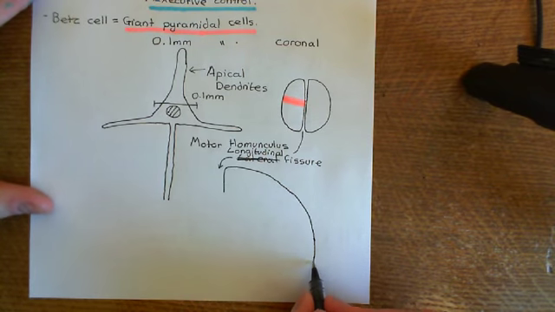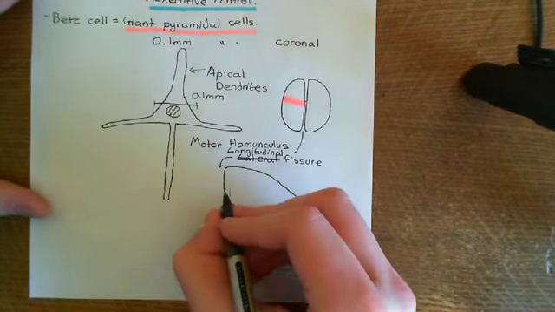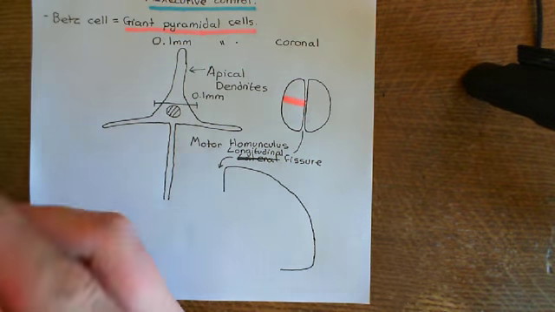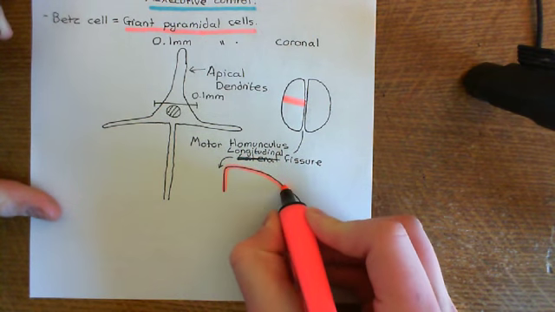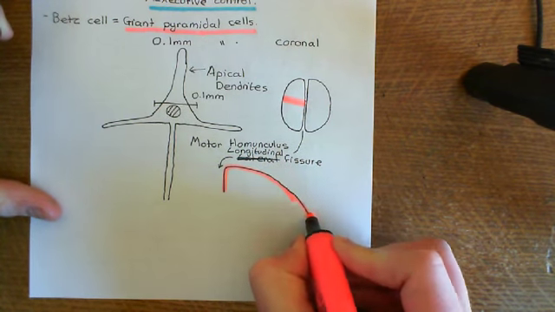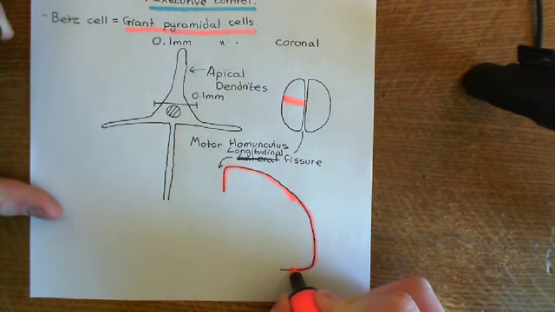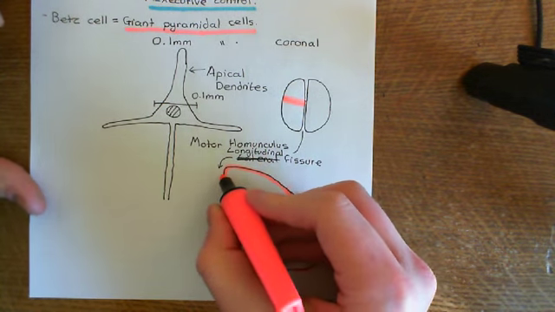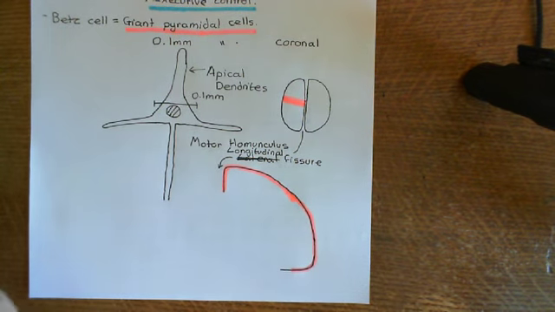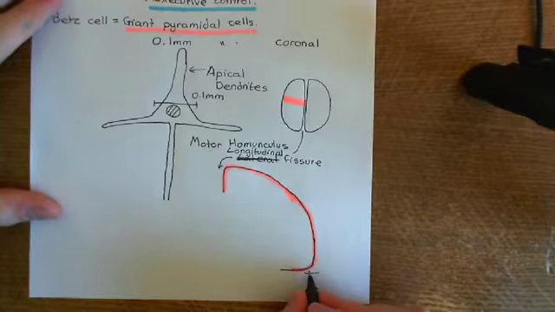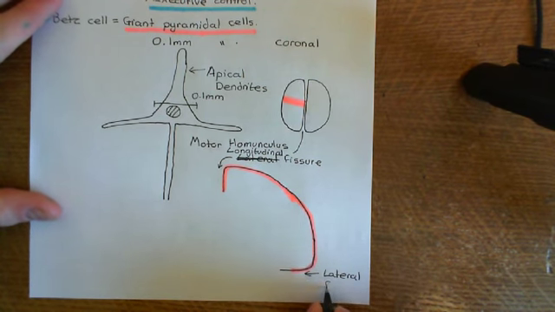So this is the entire primary motor cortex. We couldn't see all of this on that original picture because some portions of the primary motor cortex face into the longitudinal fissure and some portions face into the lateral fissure down here.